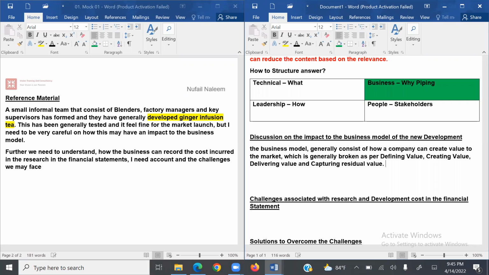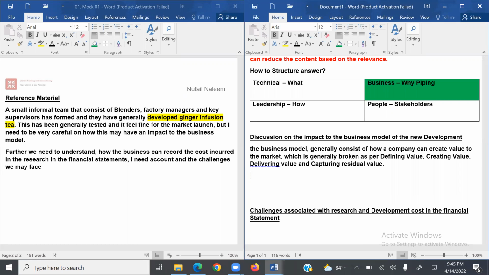Generally, students, nowadays businesses will survive only if they create value in the market. So students, I will make a note here. Defining value for Pixel will generally focus on the customer needs and feedback.